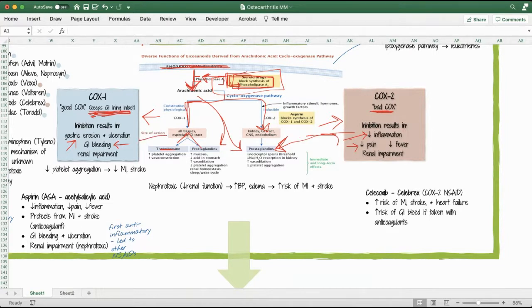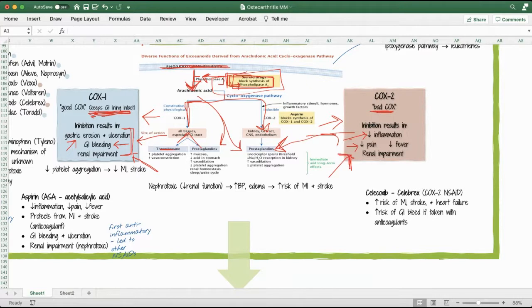Over here, you're going to have that same decrease in inflammation and pain, but you're going to have these other things as well. Now, regardless of whether you inhibit COX-1 or COX-2, NSAIDs are very hard on your renal system.